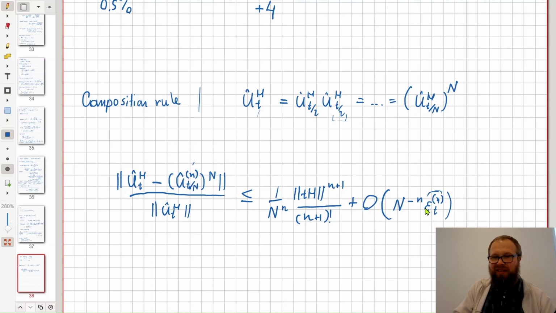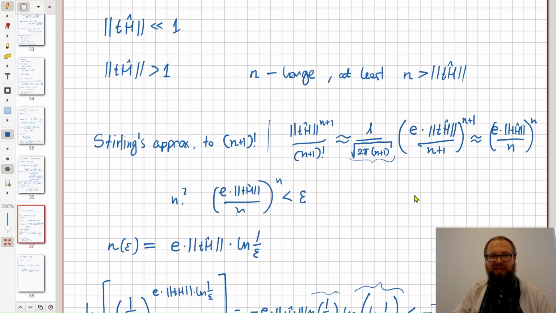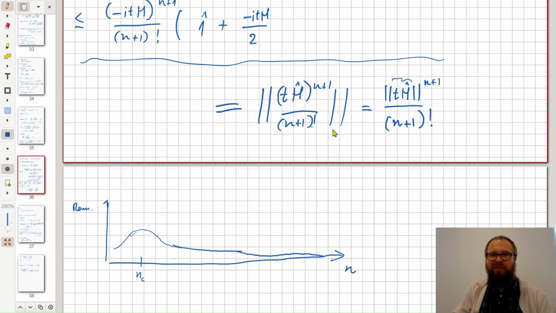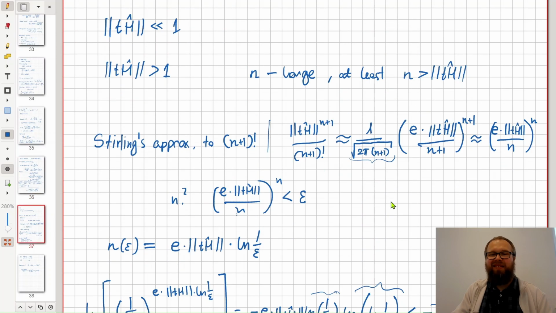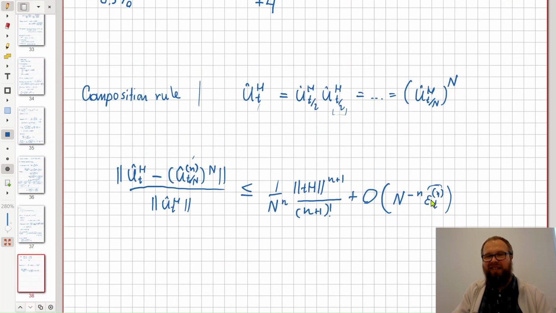This epsilon here is the error we estimated previously. So basically, this is the error of one of the slices. This is the scaling factor with the number of slices, squared. So this is the first order of error. This is higher order correction.